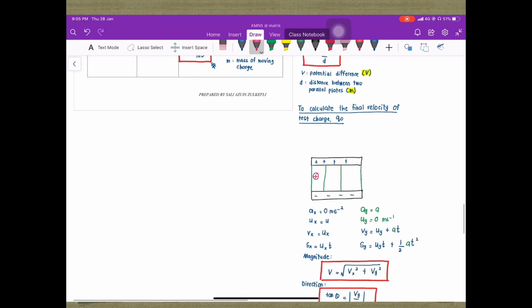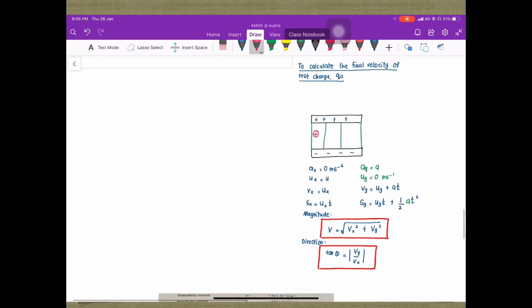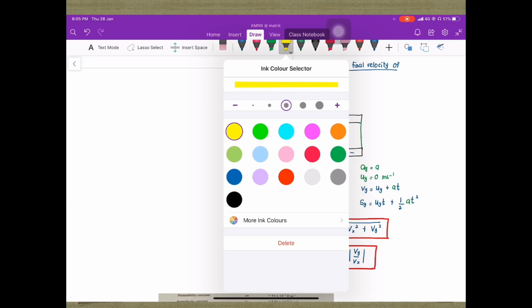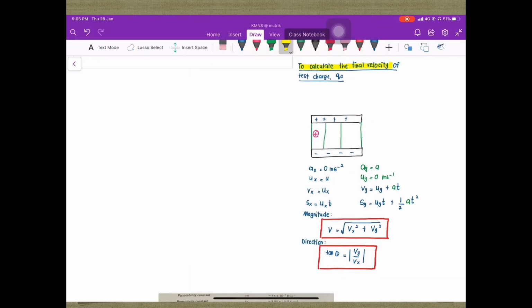Referring to this diagram, we want to calculate the final velocity of the test charge Q0. Let's say this is the upper plate, positive, and this is the lower plate, negative. So, step 1, we draw the electric field lines, which must be from positive to negative. Maybe we can label it E.